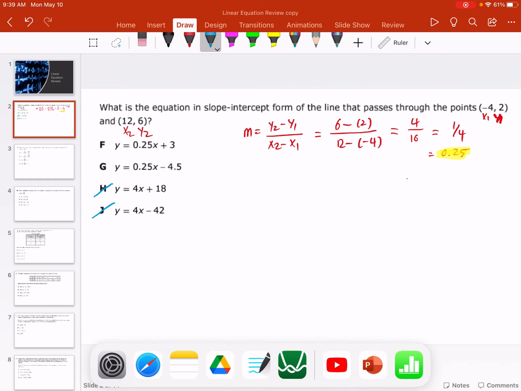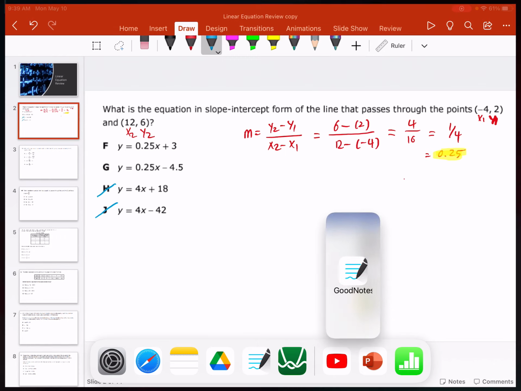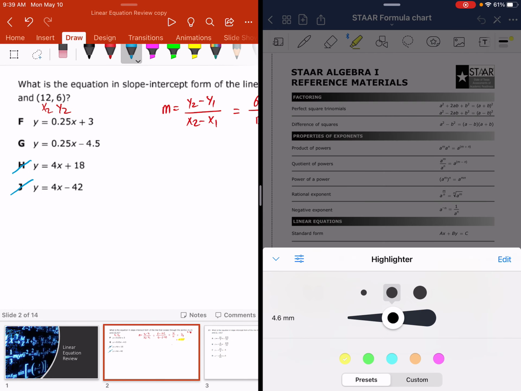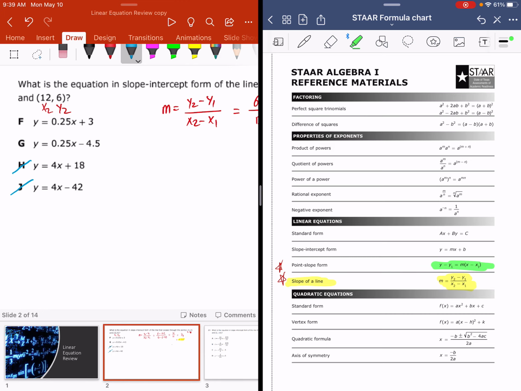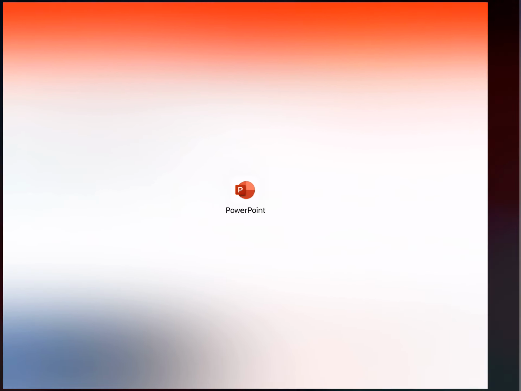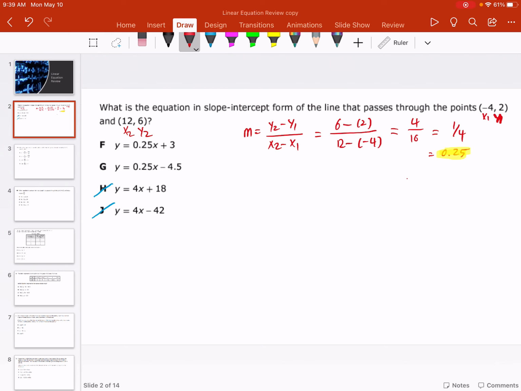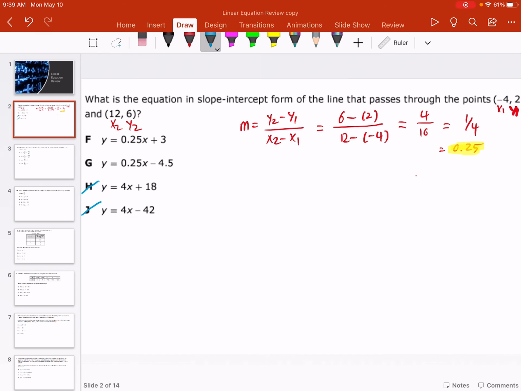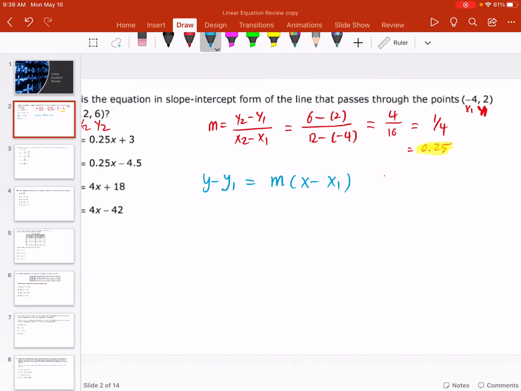After this, we have to use the point-slope form, which is the one I'm highlighting here. You don't have to memorize it, that's a good thing. It's going to be y minus y1 equals slope times x minus x1. As you can see, we have all the information.